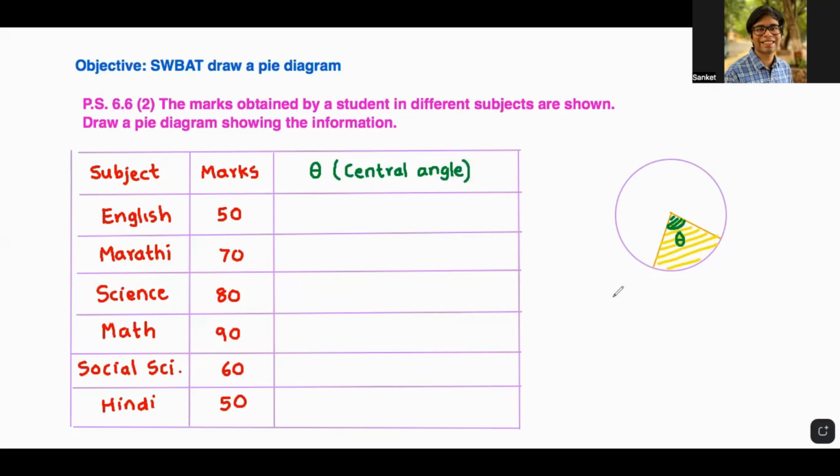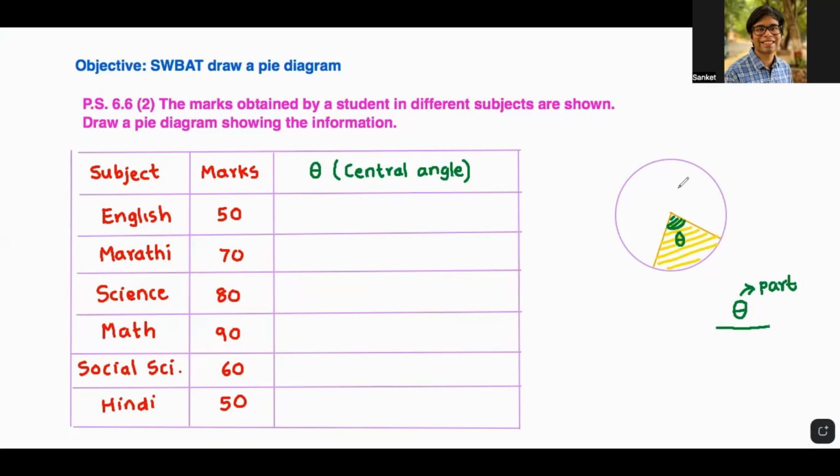So for the circle, if theta is the central angle, it corresponds to a part of the whole. And what is the whole over here? The whole over here is the entire angle for the circle.